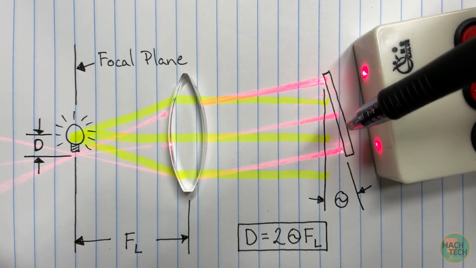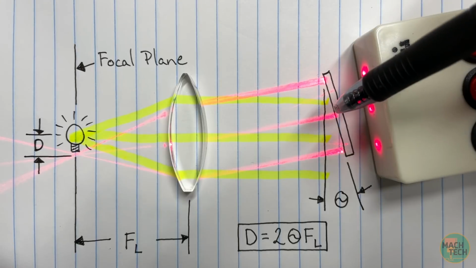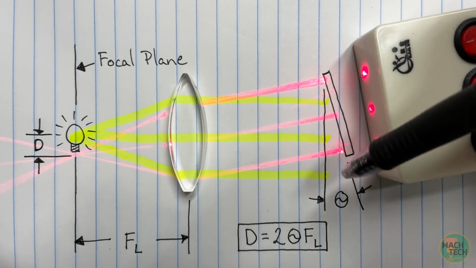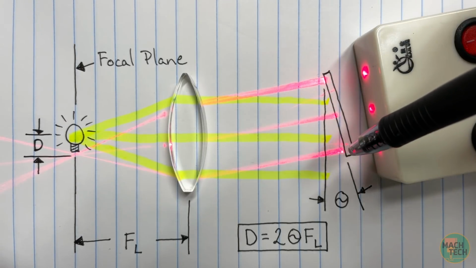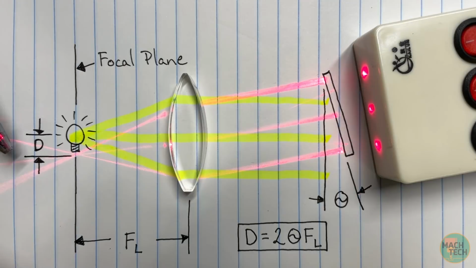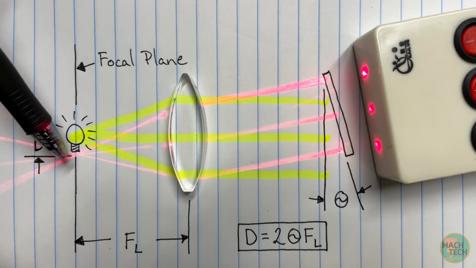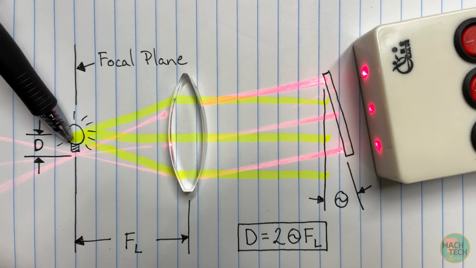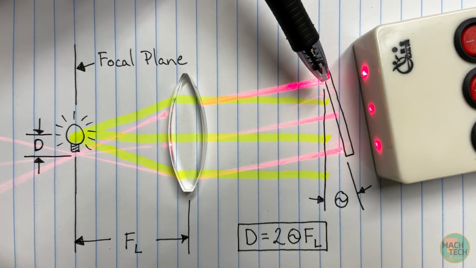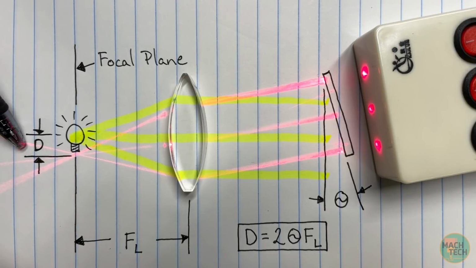So the change in angle of the mirror from where it was before, which was perfectly perpendicular to the optical axis, is theta. And the displacement, the change in position, this linear distance right here, from where the focal point of the return rays is now to where it was before the angle of the mirror was changed, is d.